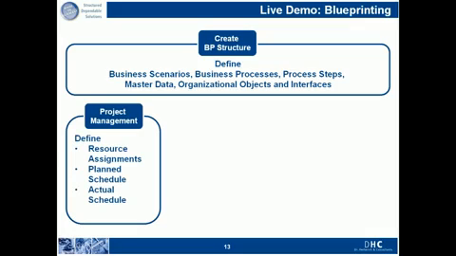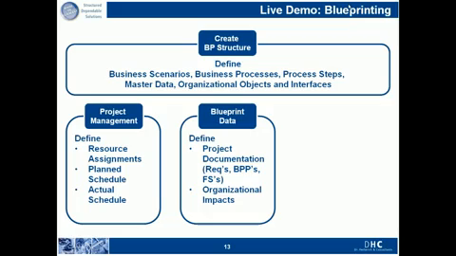Once the structure is created, it is possible to define specific project management information. For example, who is required to define the business blueprint for a given business process, process step or business scenario. And it's also possible to give planned data. Next, it's possible to define business blueprint data.